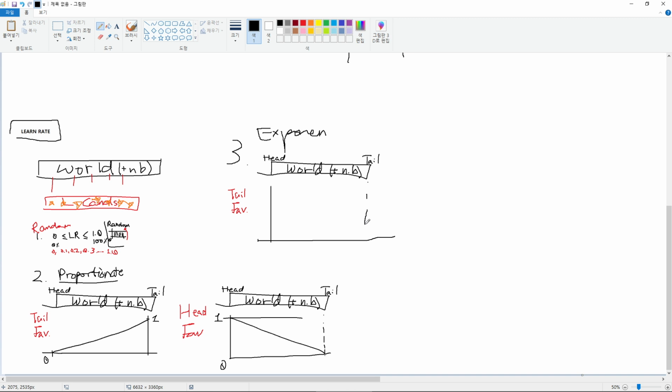So this is 0, and the highest value should be 1. So, and it has to look very exponential, like this. I know it could be more exponential like that, but let me... I suck at this.